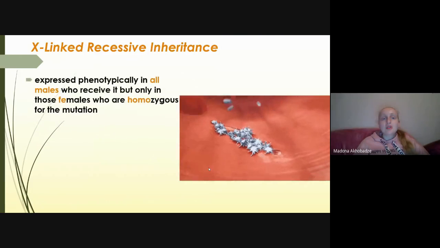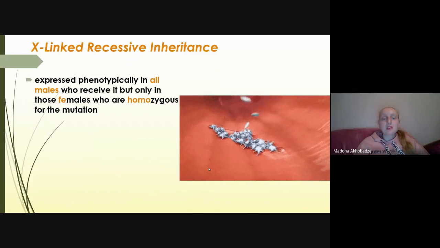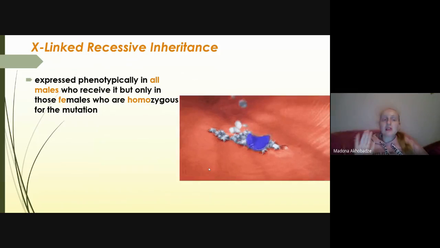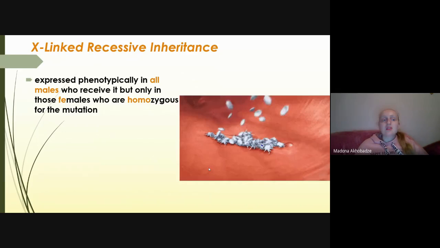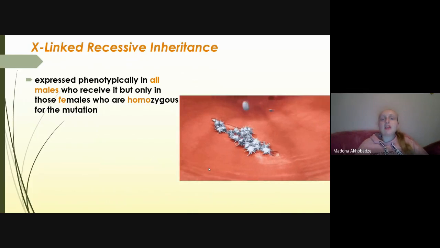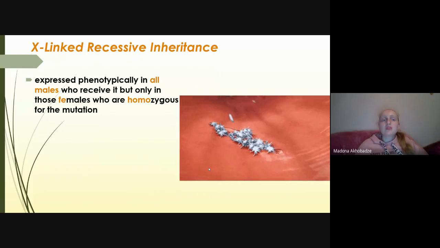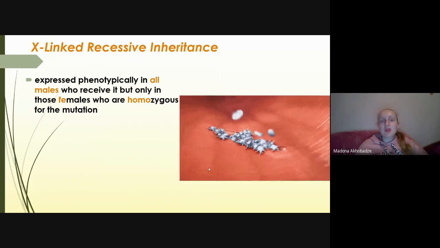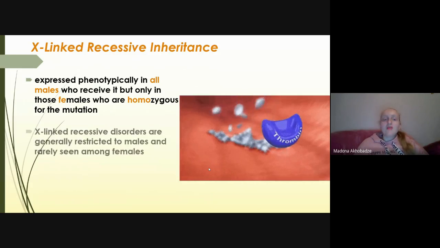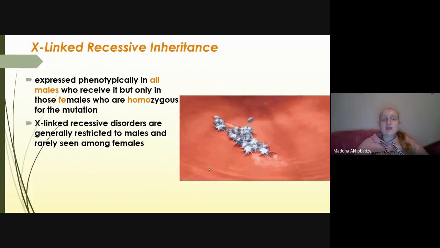So now let's talk about expression phenotypically in all the males. The X-linked recessive inheritance is expressed phenotypically in all the males who receive it from the female carrier mothers, and the fathers are not able to transmit it.